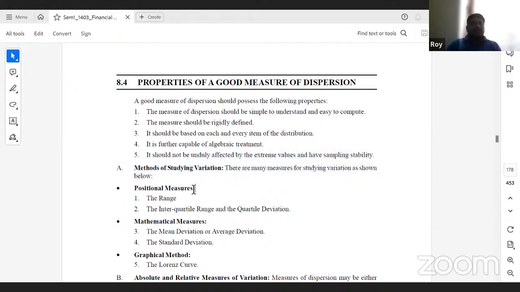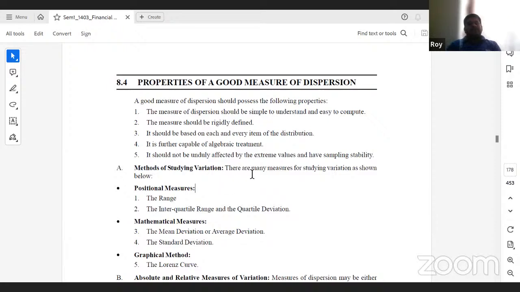Methods of studying variation. Yeah, sorry.